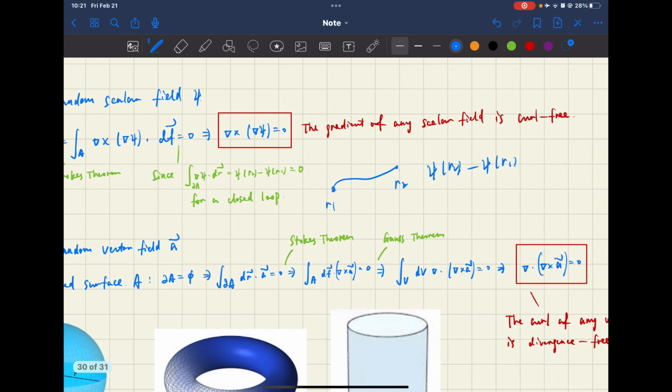So for a closed loop, R1 and R2 will overlap, so the value will be just zero.